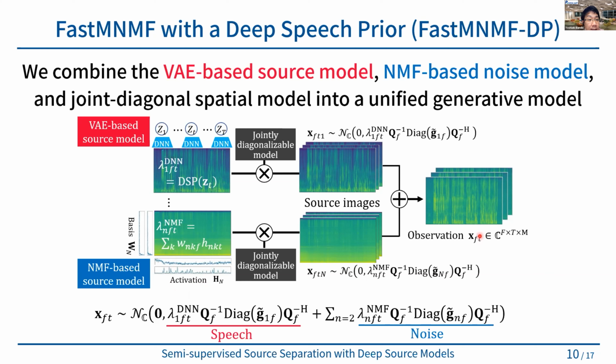Then we apply a jointly diagonalizable model to these source signals to obtain the image signals and generate the observed signal by summing up these image signals. In summary, this model can be formulated by this generative model, and we can separate speech and noise signals by estimating the power spectral densities, lambdas, and spatial models Q and G.